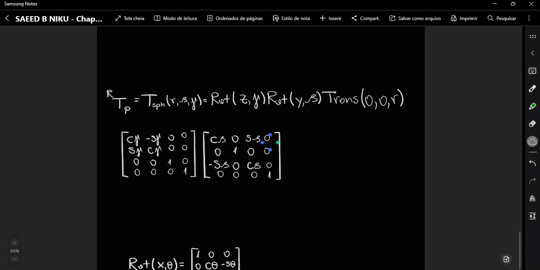And now the characteristic matrix of a translation is a matrix with its main diagonal filled out with ones, and the rest of the elements are zero. So it's 1, 0, 0, 0.